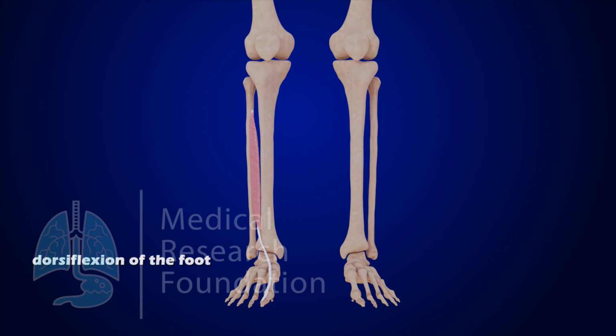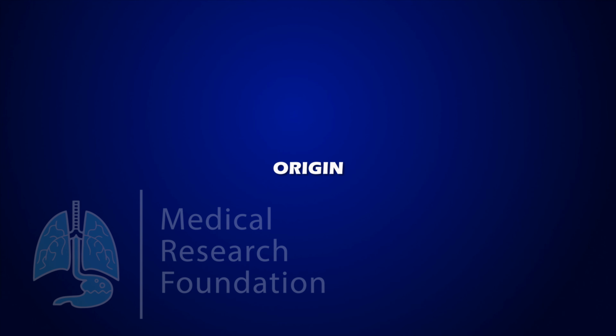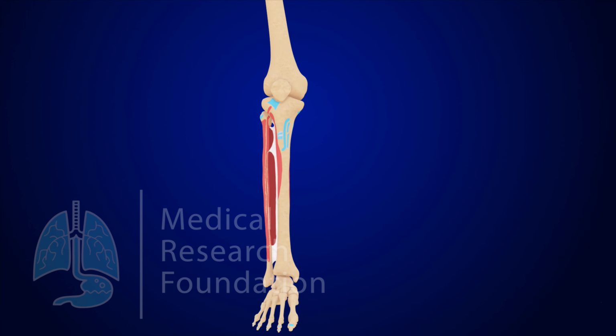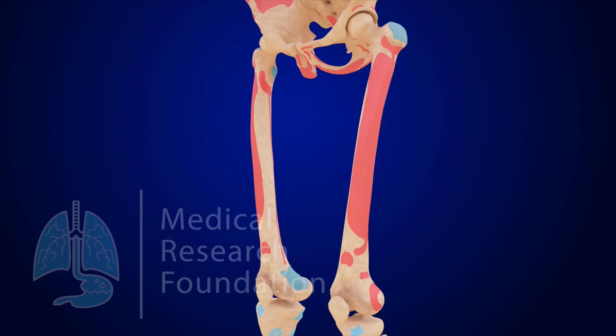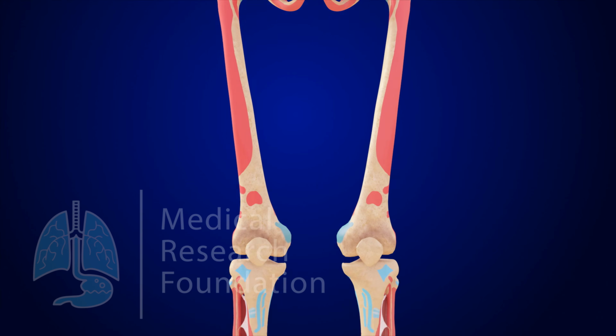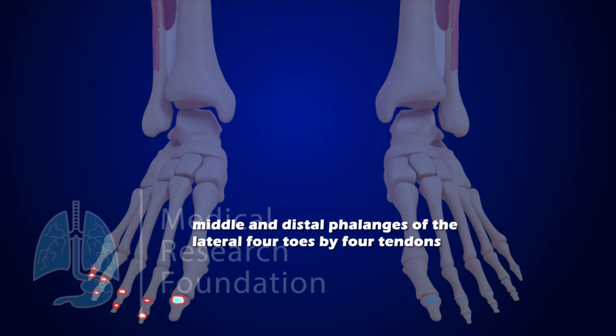Extensor digitorum longus. Origin takes place from the whole of the upper 1/4 and medial part of the middle 2/4 of the anterior surface of the fibula. Insertion takes place into middle and distal phalanges of the lateral 4 toes by 4 tendons.